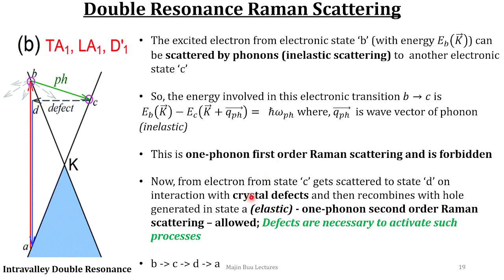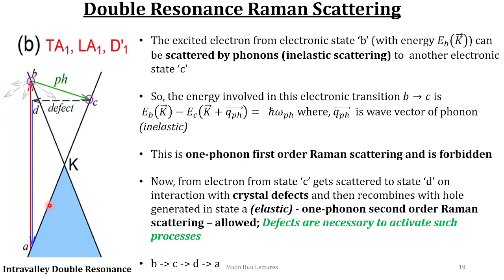Here it may be noted that the one phonon first order Raman scattering is a forbidden process and is not seen in the Raman spectrum. And hence, to activate this double resonance Raman scattering, it is necessary for defects to be present in the structure.